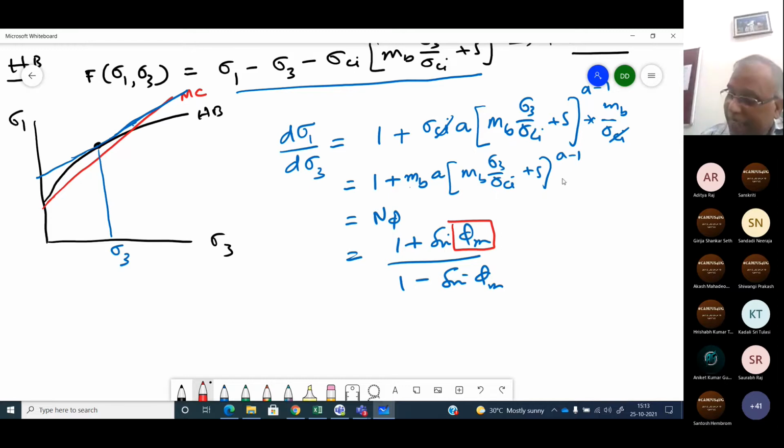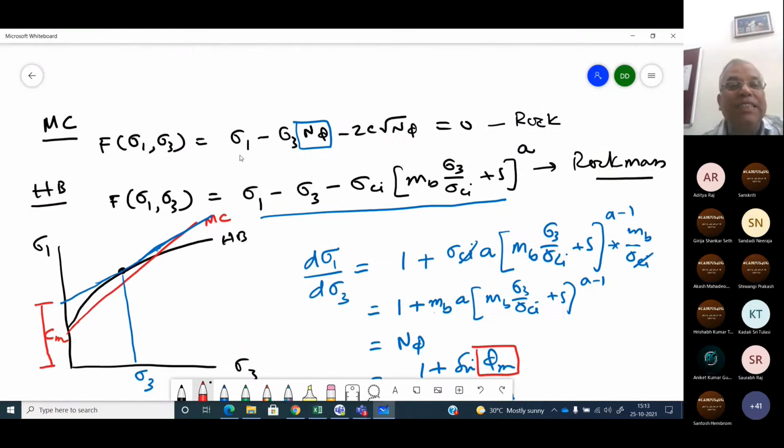And then what remains is we have to find out this Cm. How will we find out Cm? Because now I already know the slope, so n phi is now known. So now I'll be able to calculate C, because sigma 3 is 0 for this case.